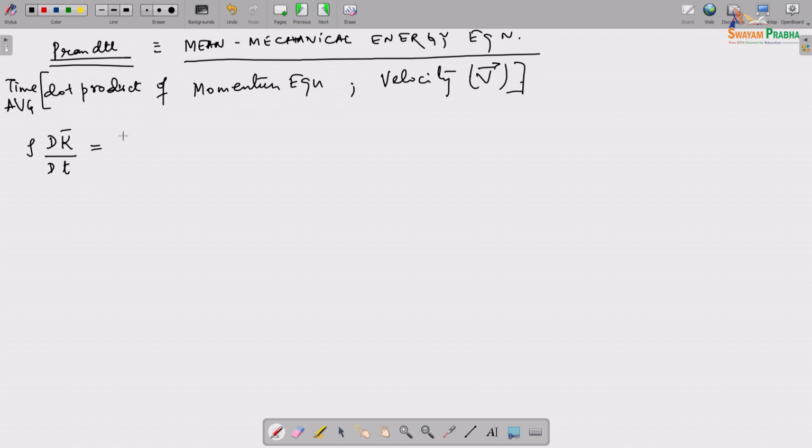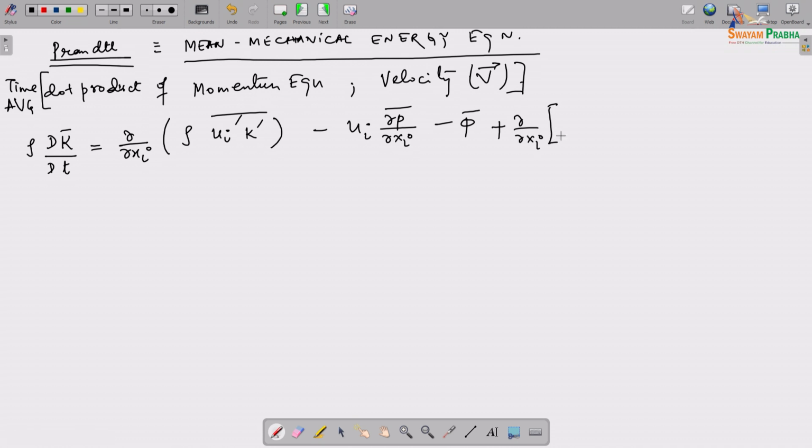So, the total rate of change of the mean mechanical energy, plus, and I take a time average of this.